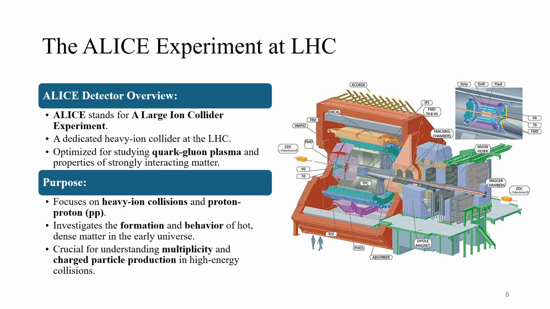It is optimized for the study of quark gluon plasma. We will also study heavy ion collisions as well as proton-proton collisions, which is specifically what we are doing in our research right now. We will investigate dense matter and study parameters like multiplicity and charged particle production.